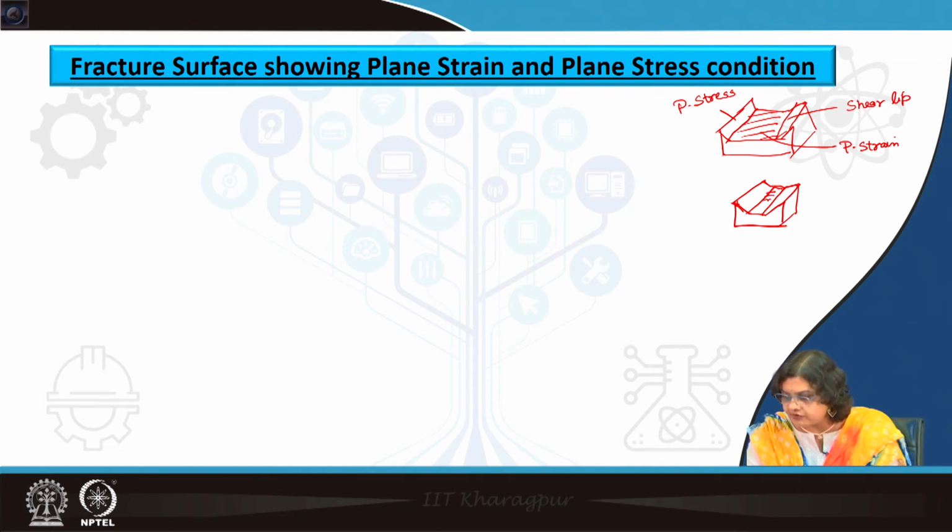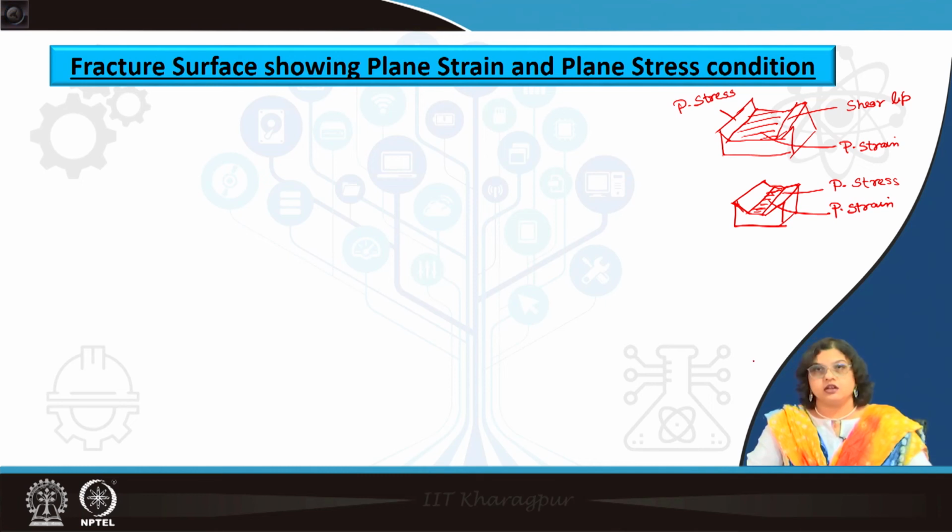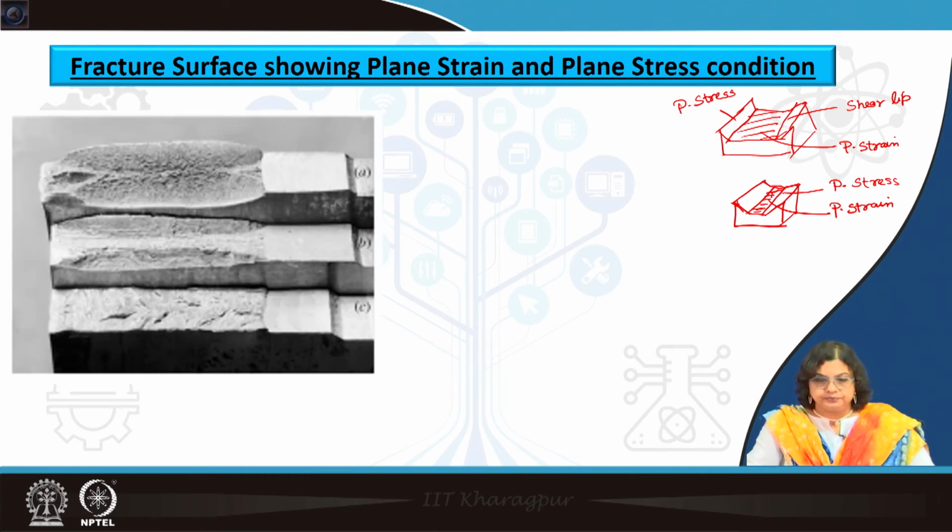So, now we have the plane strain also near to the middle, but you can see that the ratio of the plane strain to the plane stress part is much reduced for the case of a thinner specimen, and we can draw thinner and thinner specimens to see how the plane strain part is being squeezed and the entire part is taken over by the plane stress or the shear lip part.